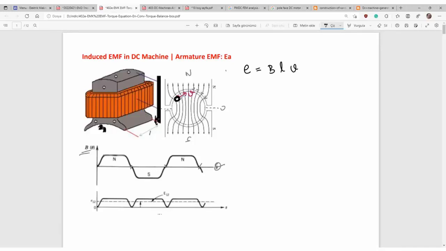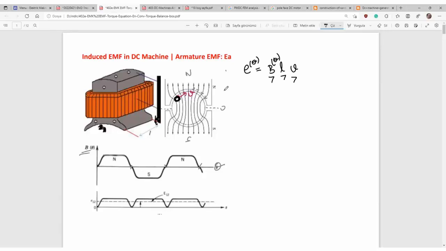Here's the length of the conductor, here's the velocity. That velocity is perpendicular to the magnetic flux density. Magnetic flux has some change under the pole. So due to that change, the electromotive force will have some change.